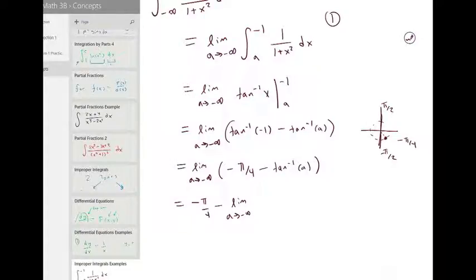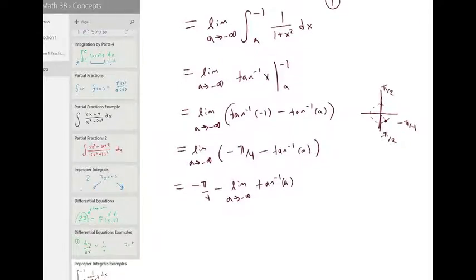So now we have the limit as a approaches -infinity of the inverse tangent of a. If you look at the graph for inverse tangent, we have two horizontal asymptotes at negative pi over 2 and pi over 2.